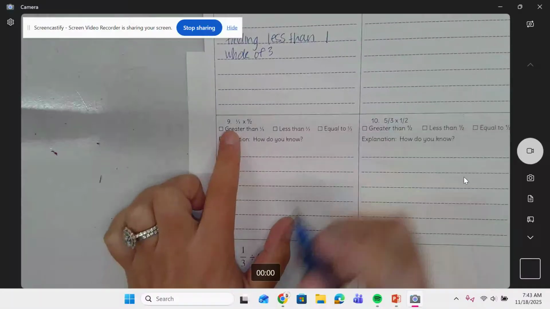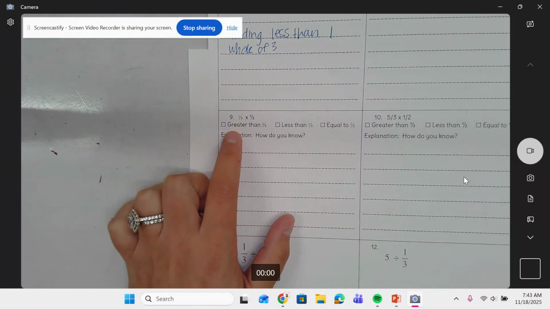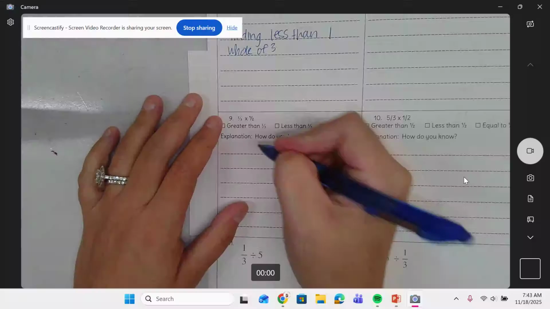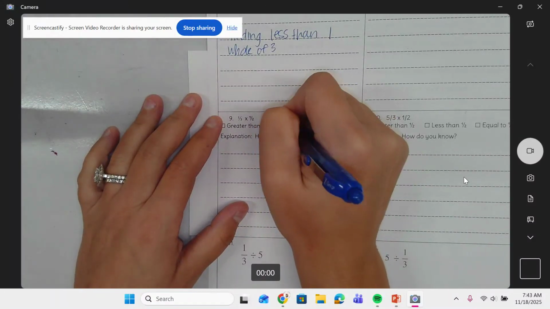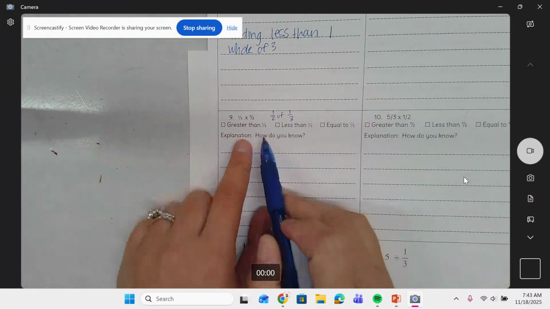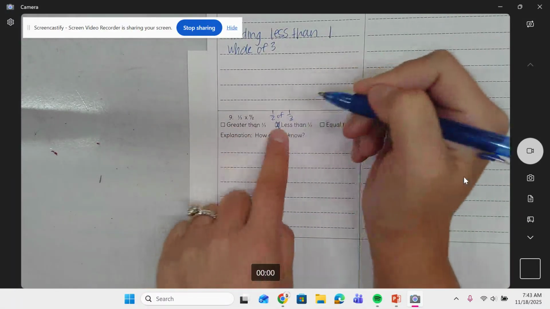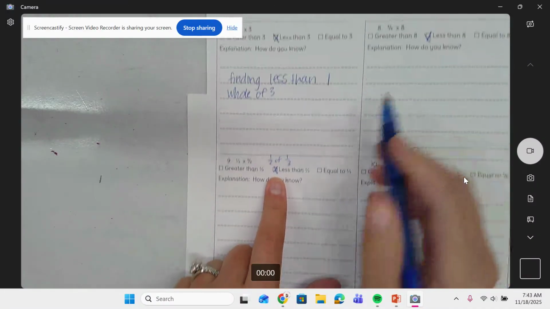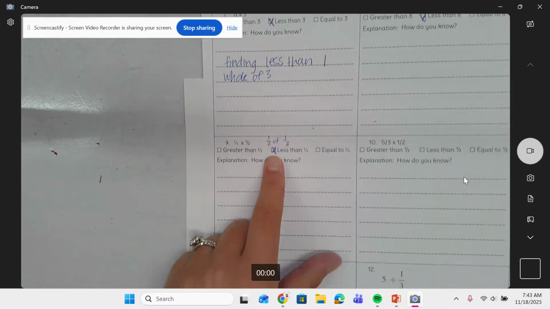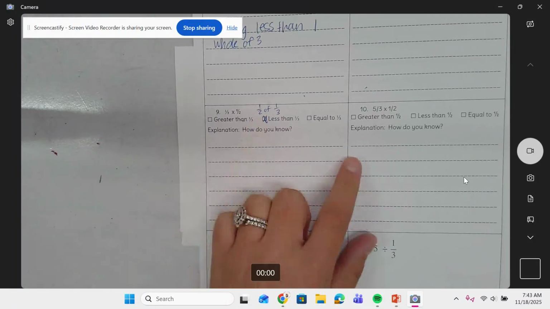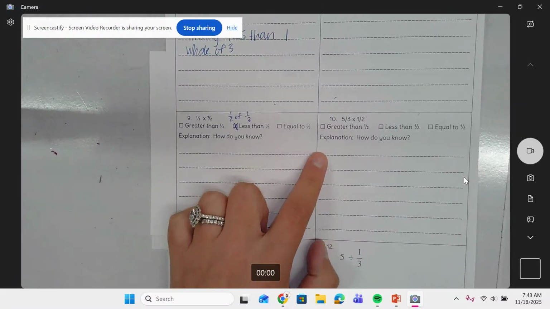If you look at number 9, it was asking, is the product going to be greater than 1/3, less than 1/3, or equal to 1/3? Well, if you're finding half of 1/3, because you can swap the order in multiplication, I know this answer is going to have to be less than 1/3 for the same logic that we did in these two. I'm multiplying it by something less than 1/2. If you look at number 10, though, number 10 is different.